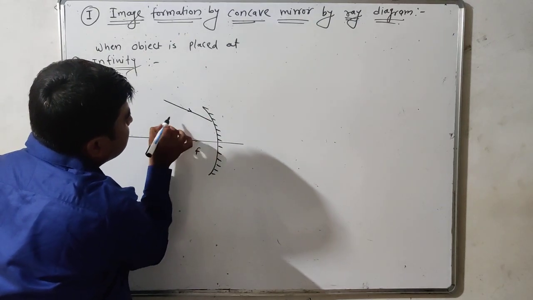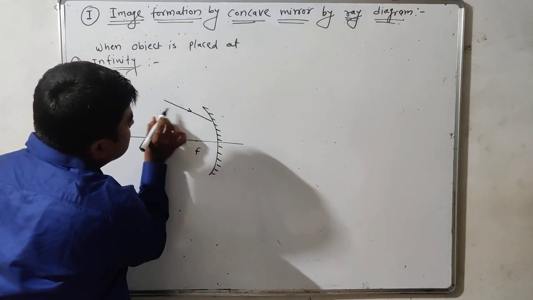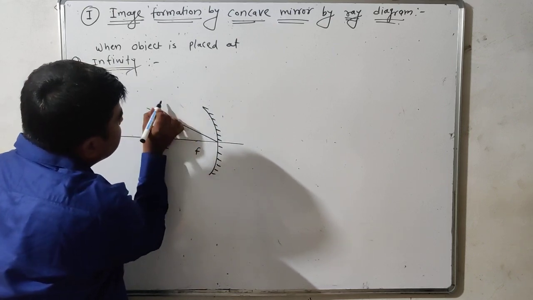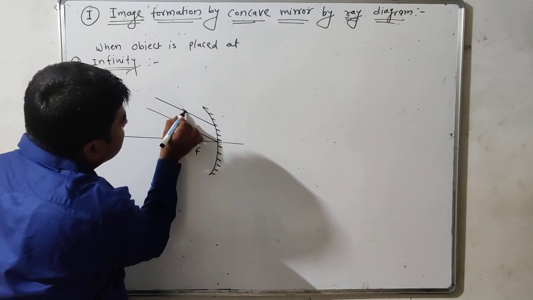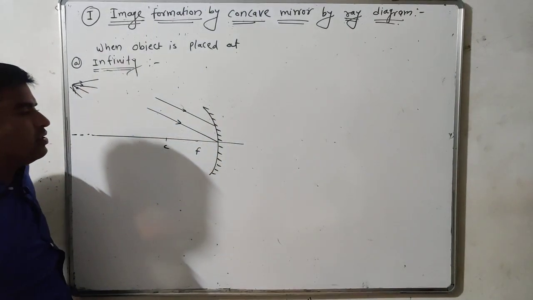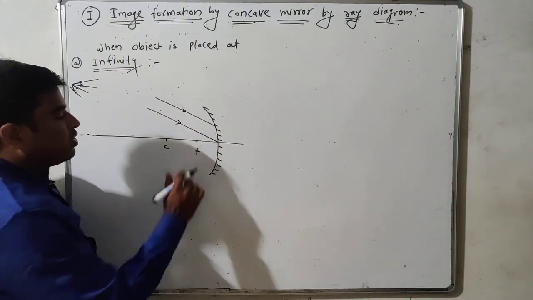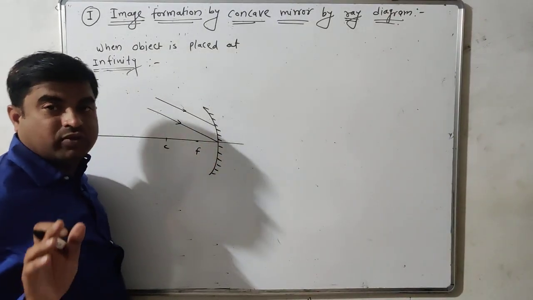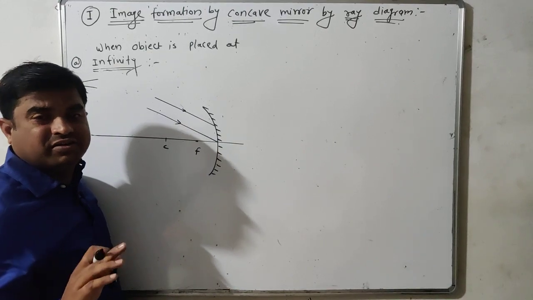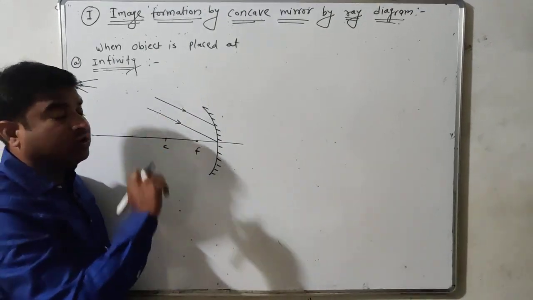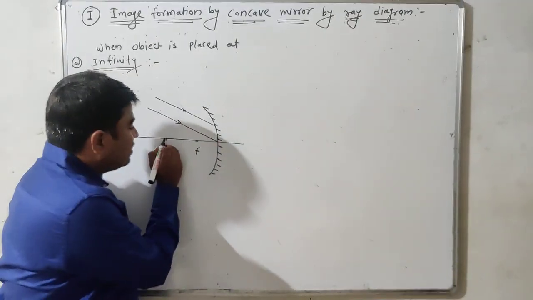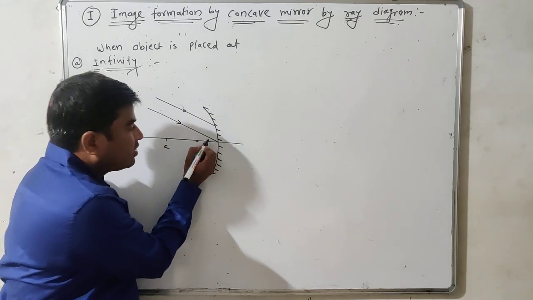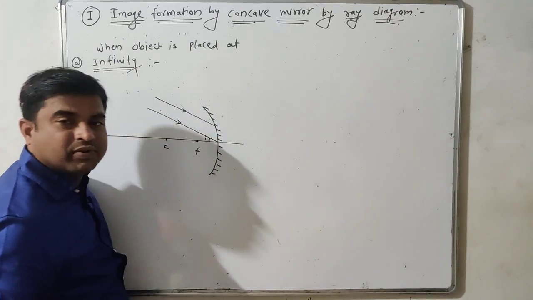This is the one ray, and suppose this is the another one, like this. Now what happens? According to the rules that we studied in our previous video lecture to draw a ray diagram, the angle made by the principal axis with this incident ray is called the angle of incidence.